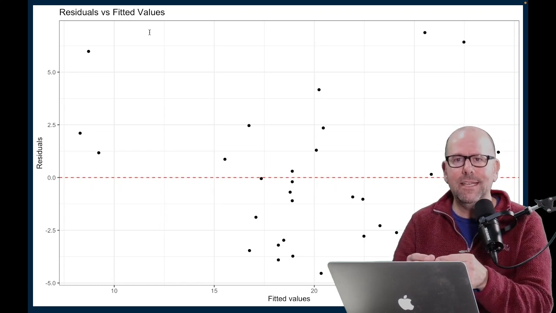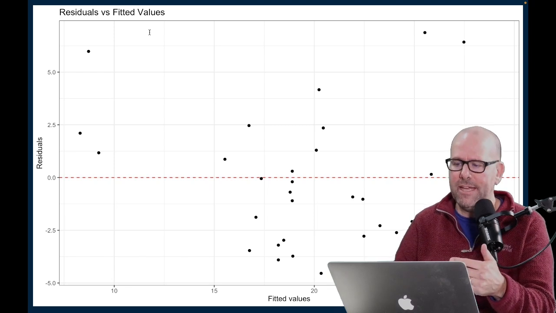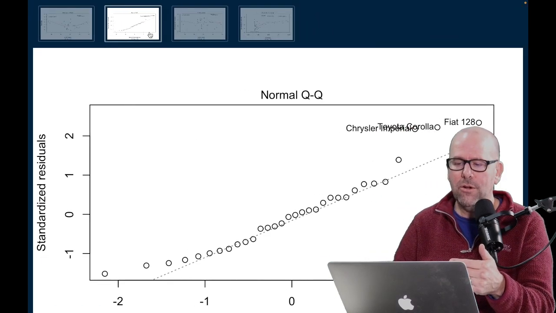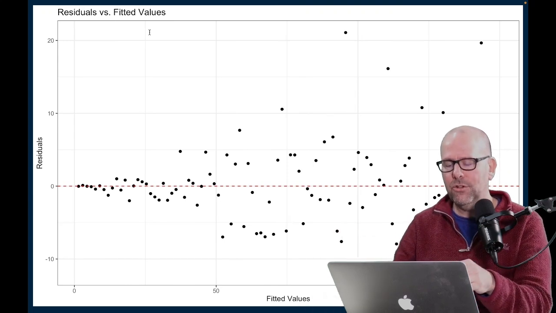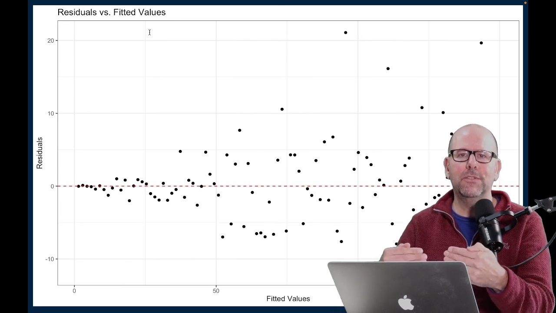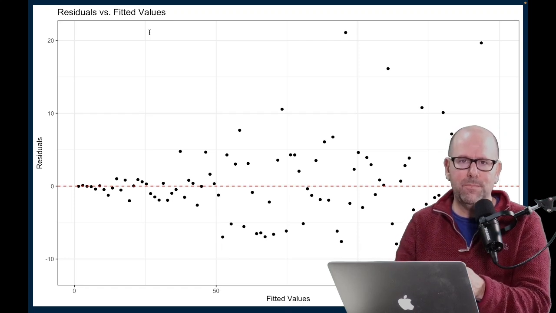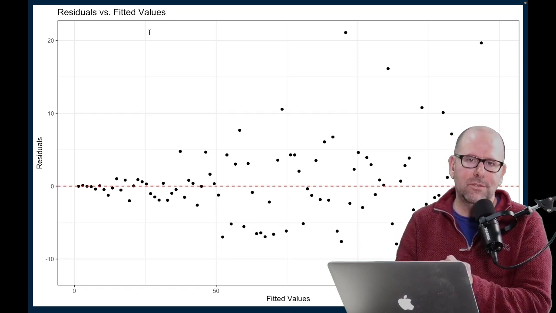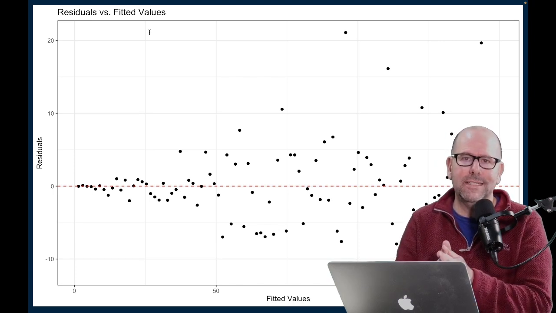If the variance isn't evenly distributed, you're likely to see a pattern. One of the patterns that is quite common under those circumstances is a funnel going one way, or it could be a funnel going in either direction, and that suggests some kind of systematic change as you move across the fitted values with respect to the residuals, and then you do not meet the criteria of homoskedasticity.